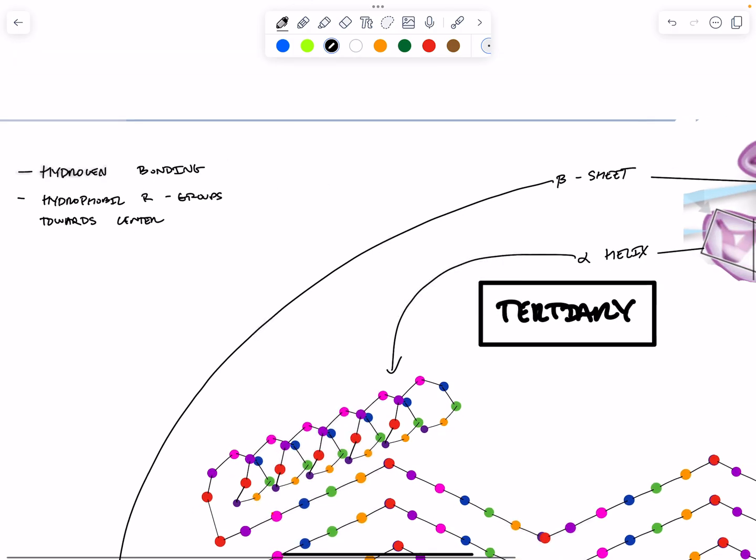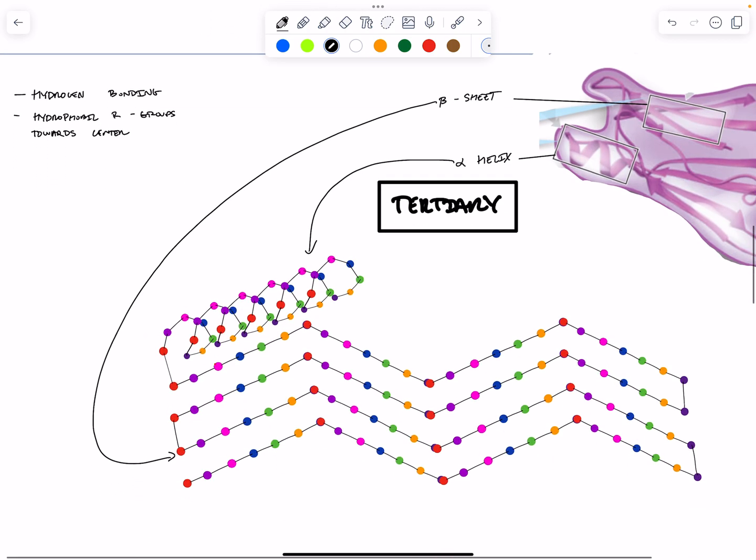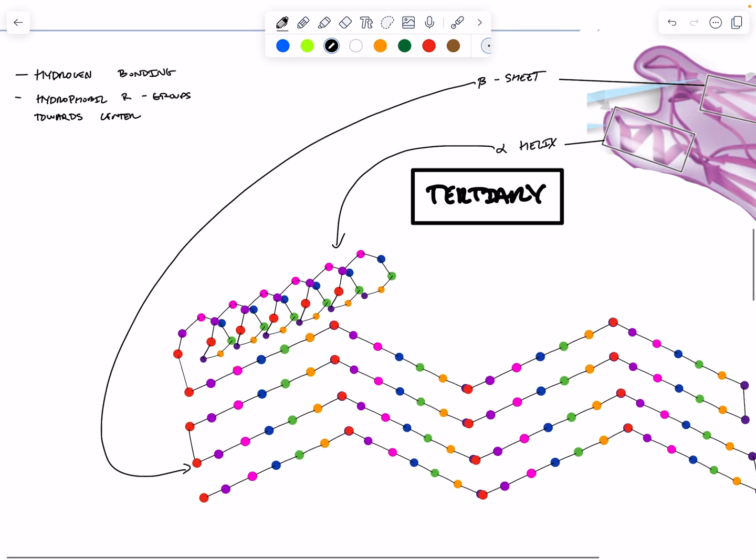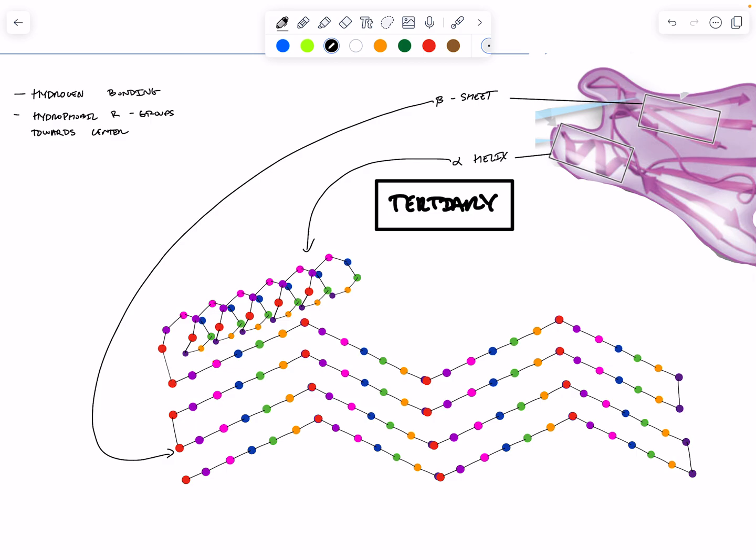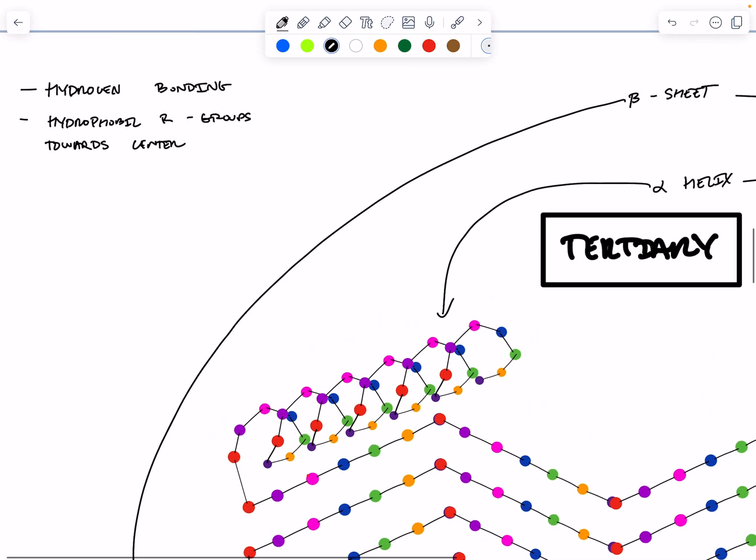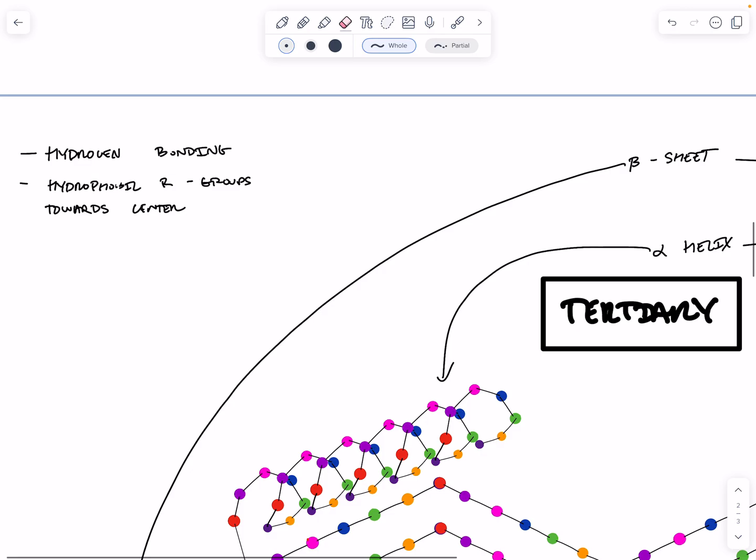Because enzymes are located in aqueous solutions, meaning watery solutions, so they're going to be surrounded by water. So they often take their water-hating side chains, their hydrophobic side chains, and point them towards the center.